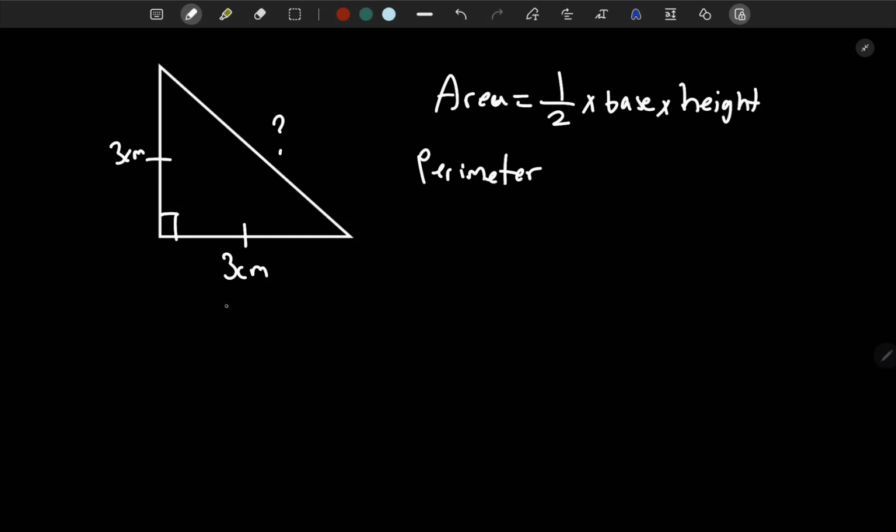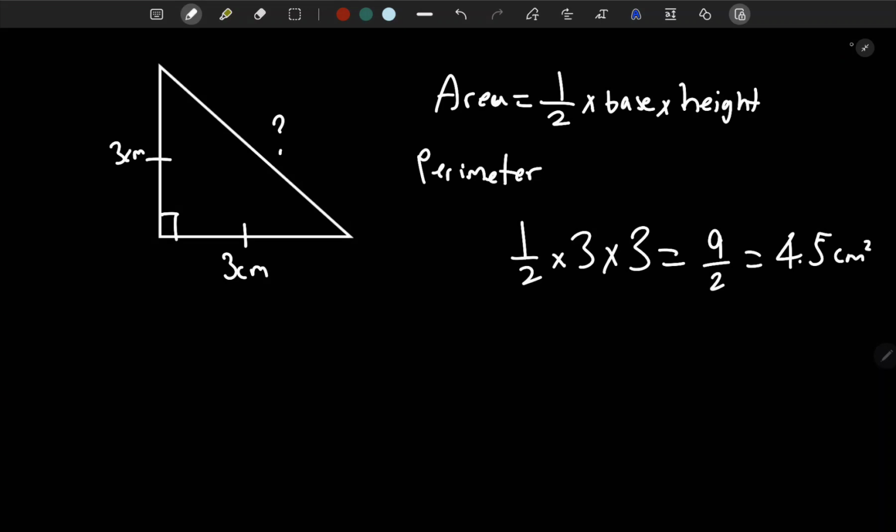The height is the straight perpendicular line, which is right here, and the base is just the baseline. So here we have all the variables for the area. It's going to be half multiplied by base, which is 3, multiplied by height, which is also 3, which is 9 over 2, which is 4.5 centimeters squared.